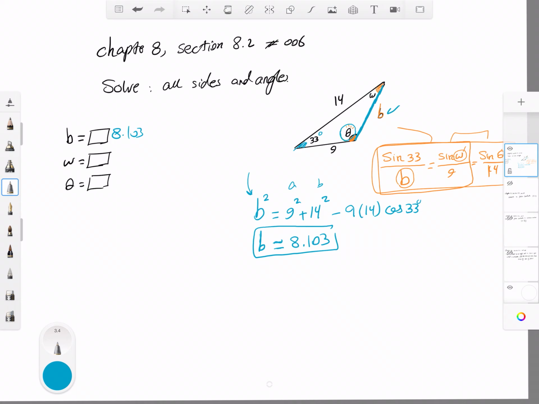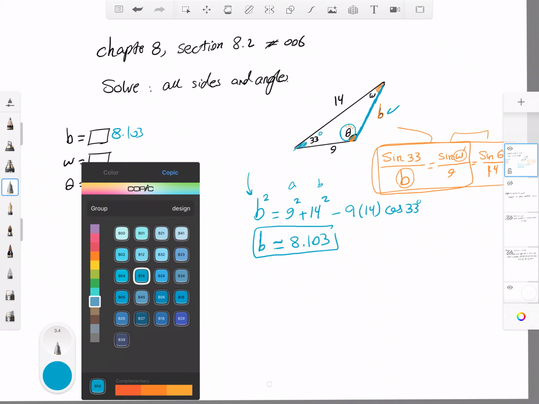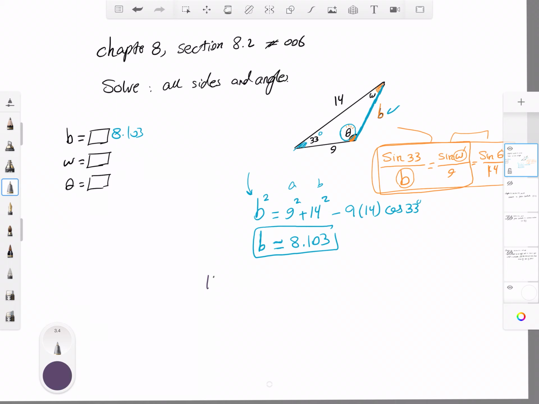So law of cosine for this, we have 14 squared equal to 9 squared plus 8.103 squared minus 2 times 9 times 8.103 cosine of theta. So now we are looking for this theta inside of cosine. So again, this is law of cosine.